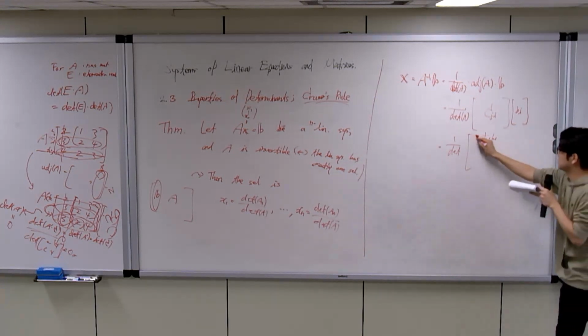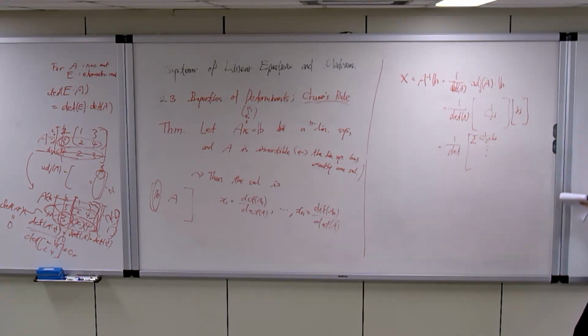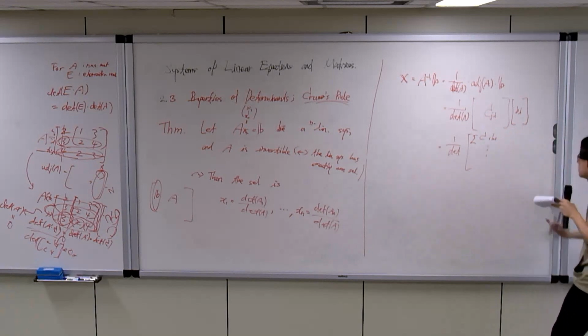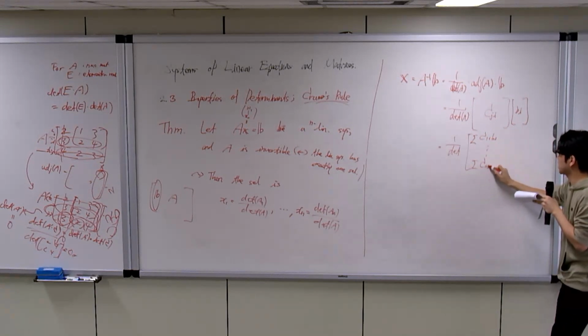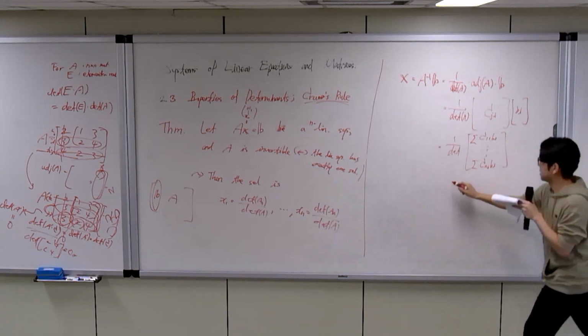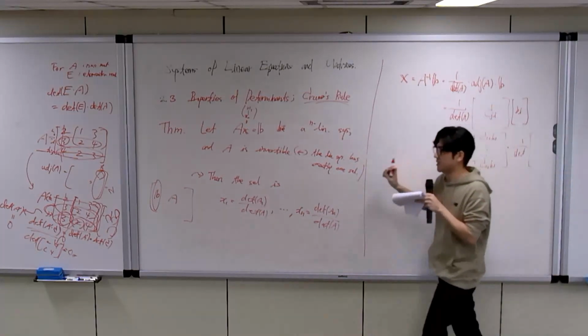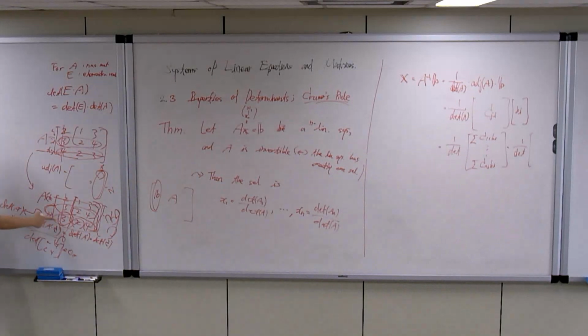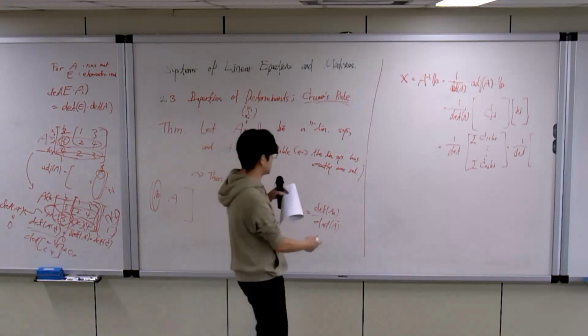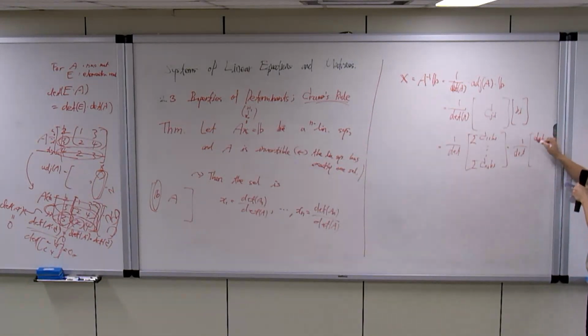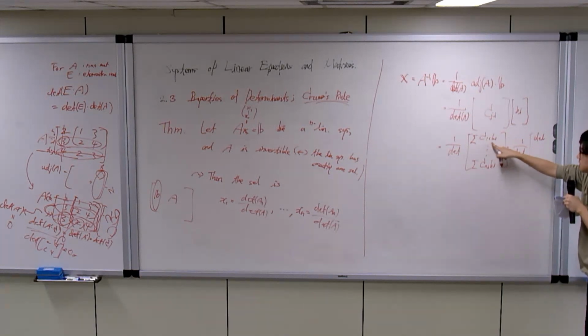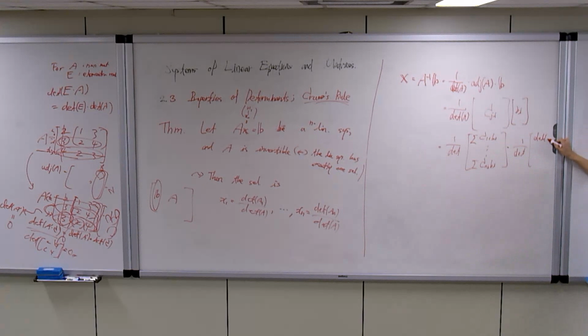A summation, I will use summation from 1 to n of C_ji b_i, and it is the same as 1 over determinant of A times this, and if you use the same idea by changing the column, we can get the value of C_1i b_i as the changed matrix A1, and similarly we get the determinant of An.